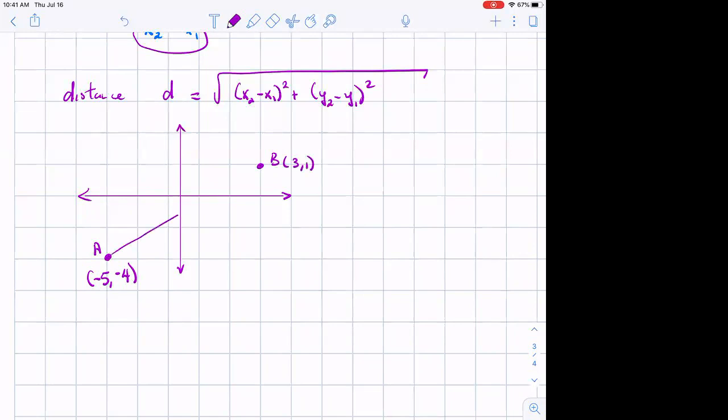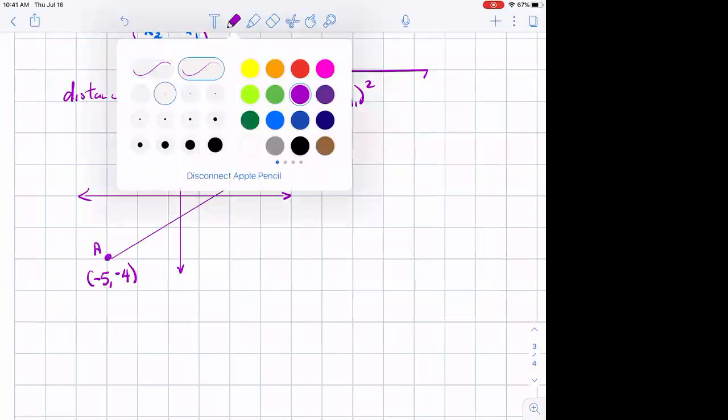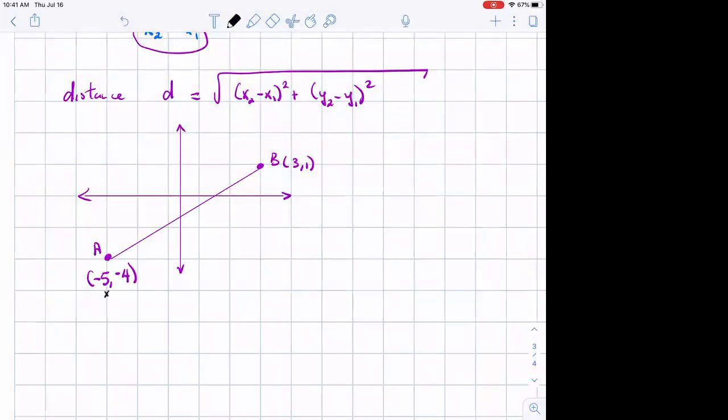You should be able to find the distance of the line connecting A and B, because for every point you know this is X, this is Y. So you should be able to plug those points into the formula and find the distance. So all of this is review, okay?